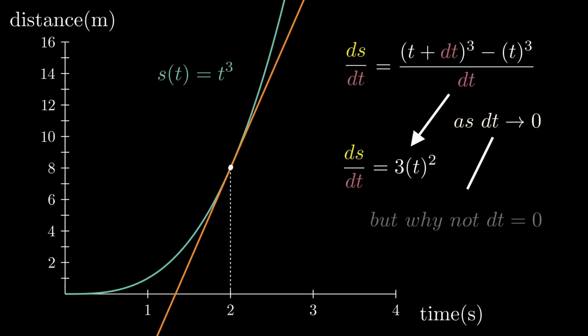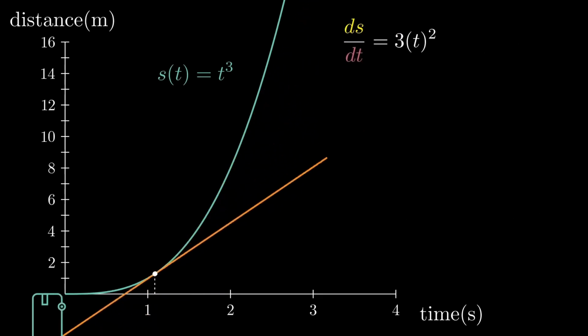Now you might ask, why dt tends to 0? Why does dt approach 0, but why not dt equals 0? To understand that, let's have a look at an edge case. Now if I ask you what is the velocity of the bus, or maybe more simply, is the bus moving at time t equals 0?